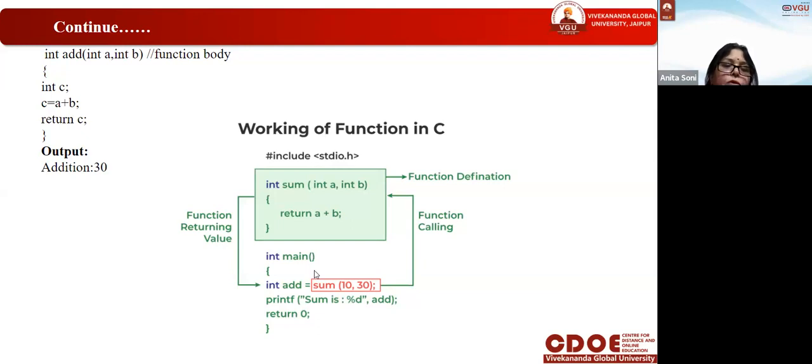Even if you want to skip this statement, you can directly write printf sum is percentage d slash n comma sum 10 30. Inside the printf statement, you invoke the function and the return statement will give the result directly. So there are different ways of invoking a function.